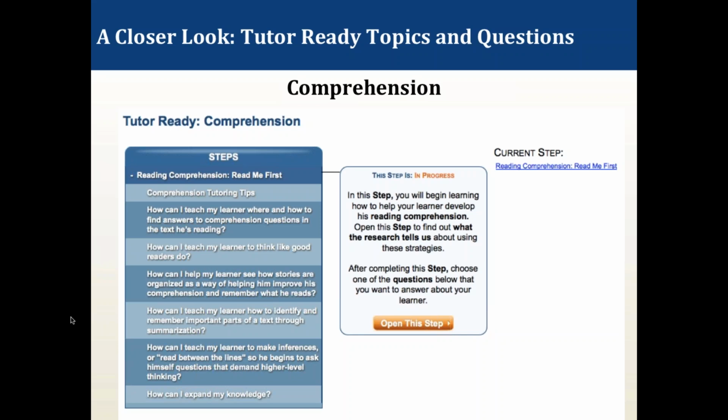So, how can I teach my learners to think like good readers do? We have something called Think Aloud, where you share your thinking while you're reading and verbalize your cognitive processes. That's a really very effective technique. And again, all of these techniques, approaches and strategies are research-based. So this is comprehension.